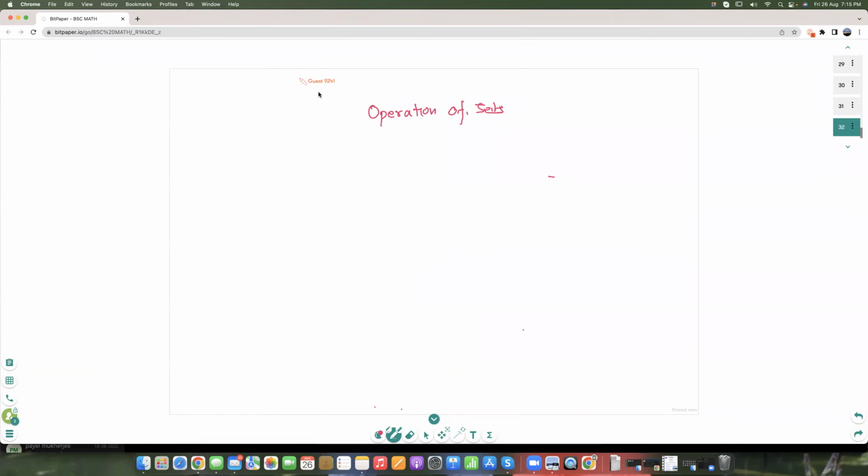One is intersection of sets, second is union of sets, and the third one is complement of sets.